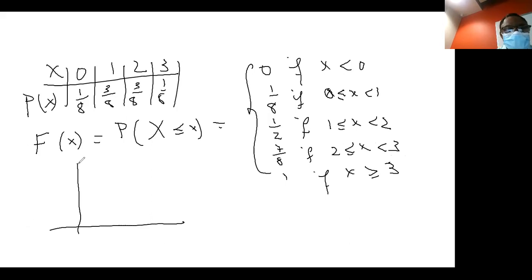We can make a graph of this distribution this way. 1, 2, 3, 4, 5, 6, 7, 8. Before 0, we have 0. At 0, we have 1 over 8.